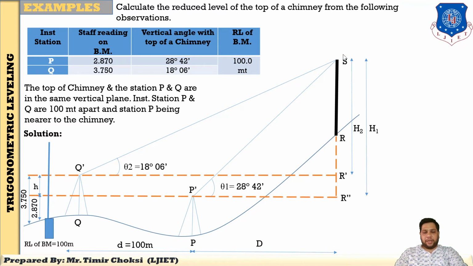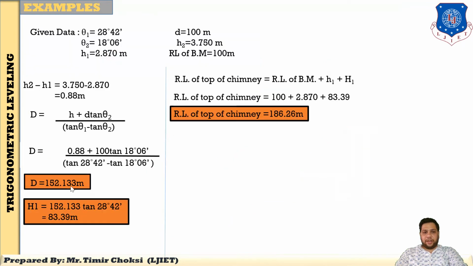So you find the RL of capital S. You start from the bottom point: RL of benchmark plus small h1. What is the value of h1? It is 2.870, plus capital H1, whose value you have already found. So RL of benchmark plus small h1 plus capital H1.